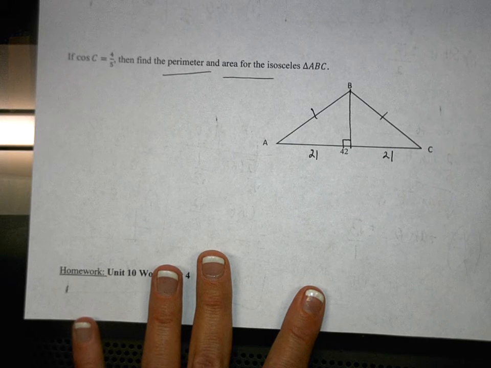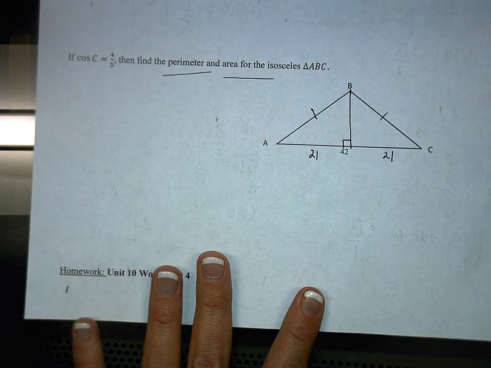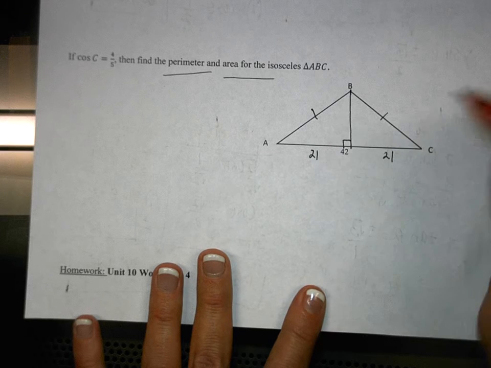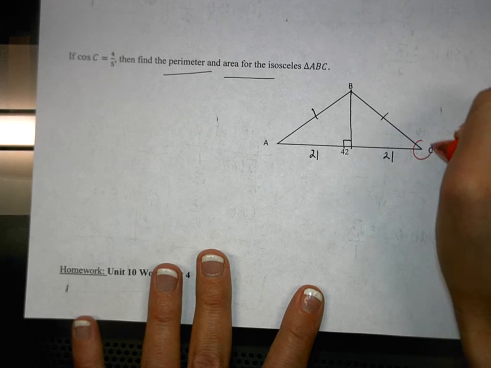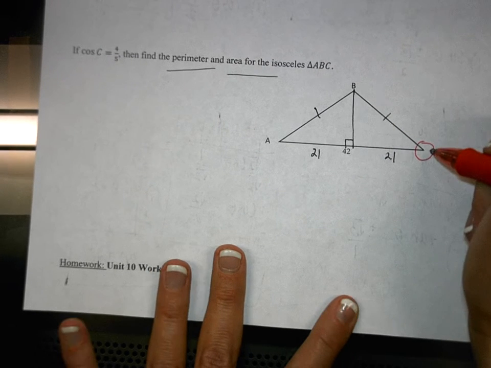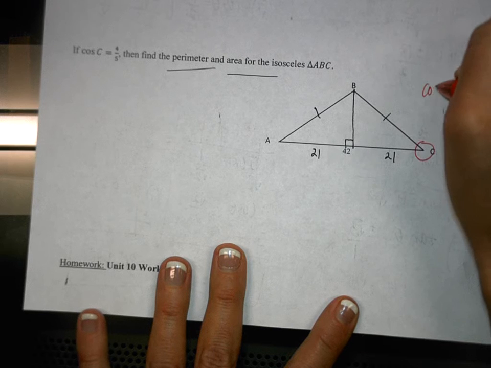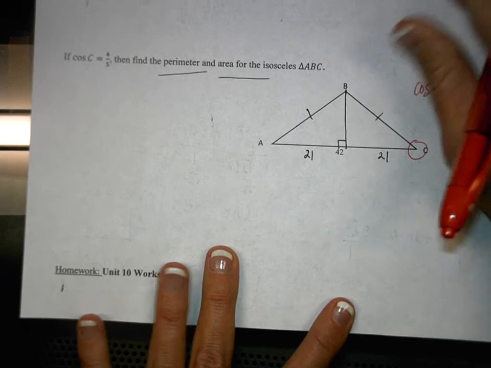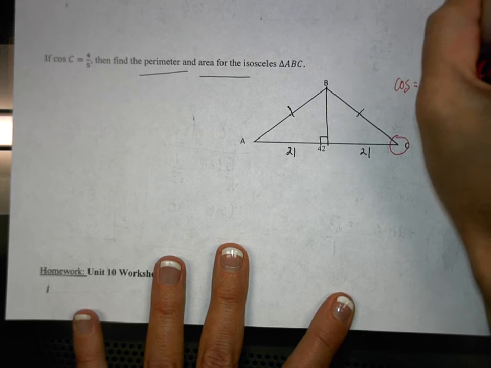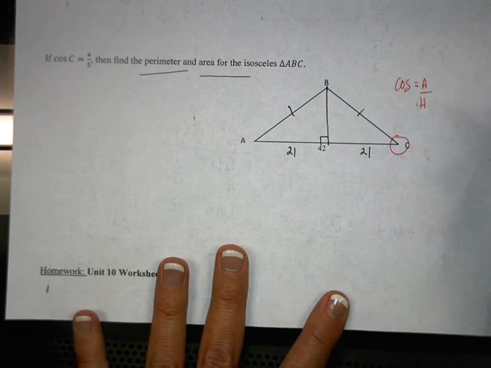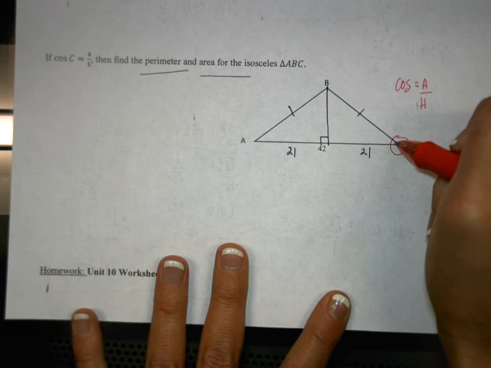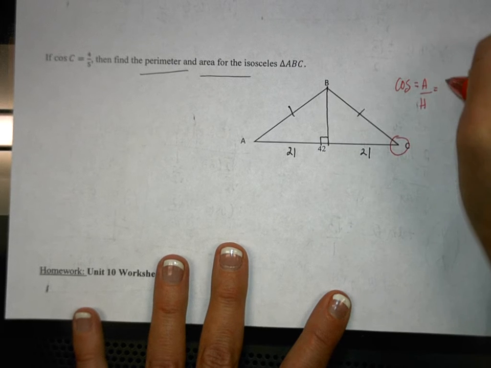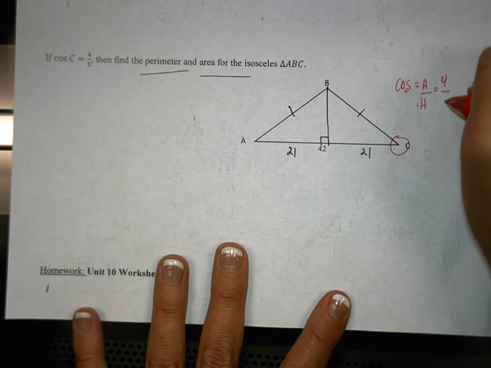Now, because it's saying cosine of C is 4 over 5, if we go to C right here, that means we know that cosine is what over what? Adjacent over hypotenuse.